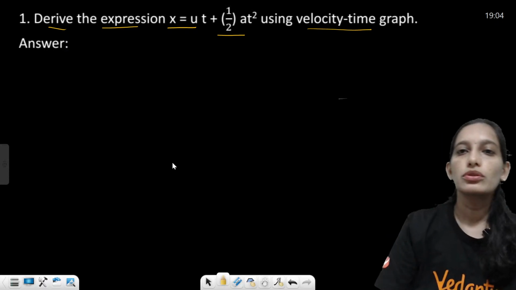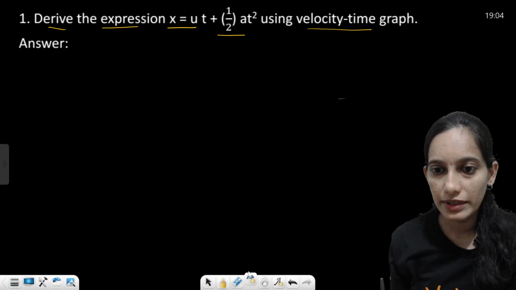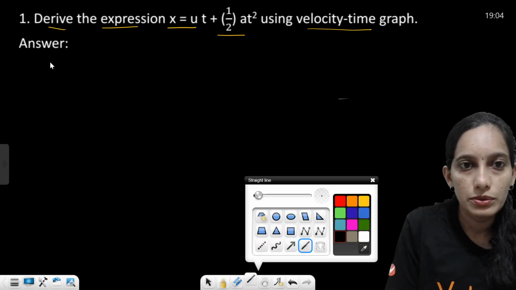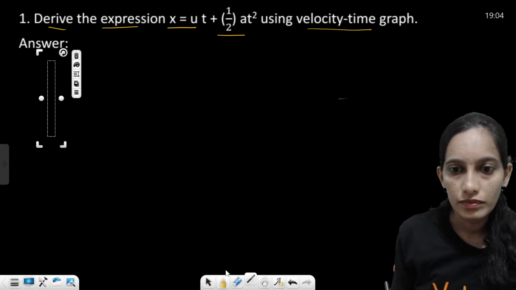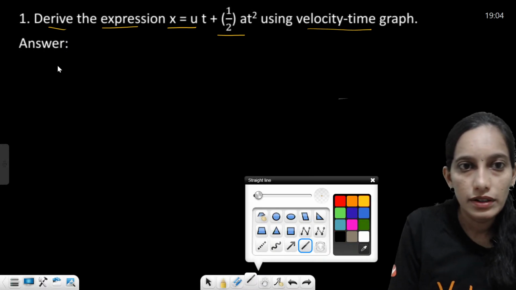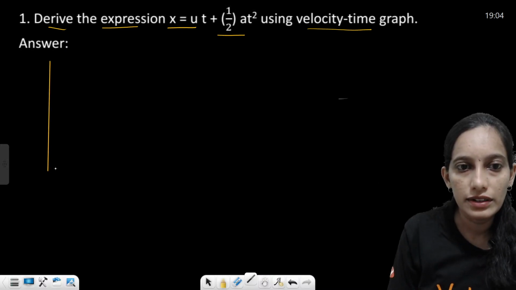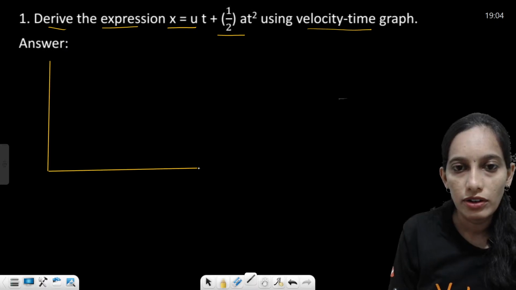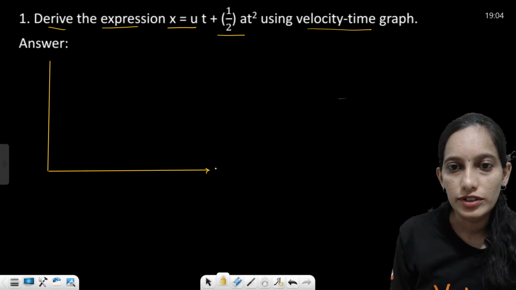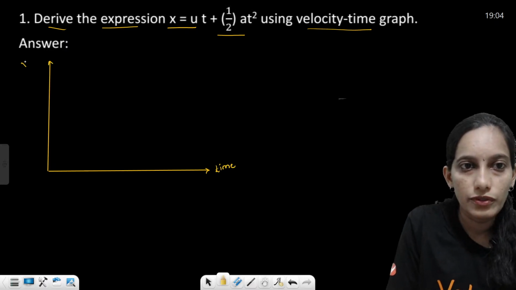So first we'll try to draw a velocity time graph. Let me say on the y-axis we have velocity and on the x-axis we'll have time.